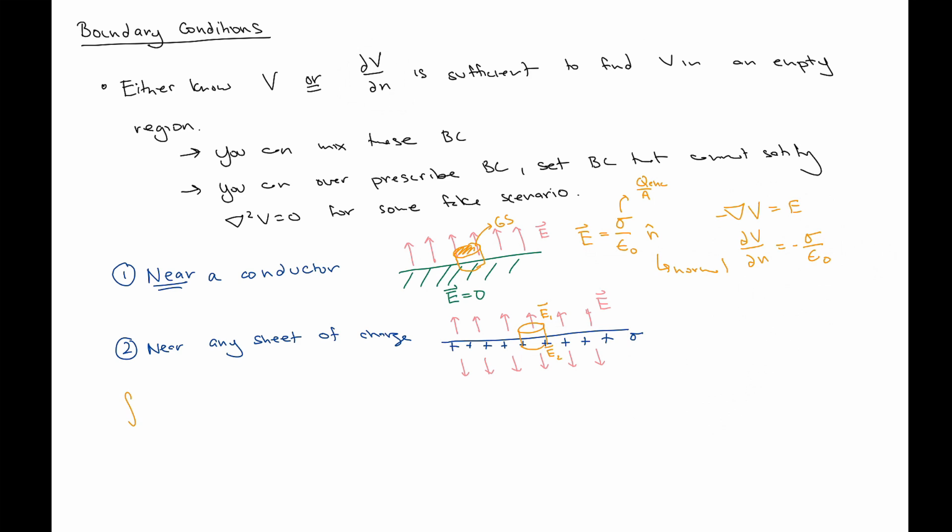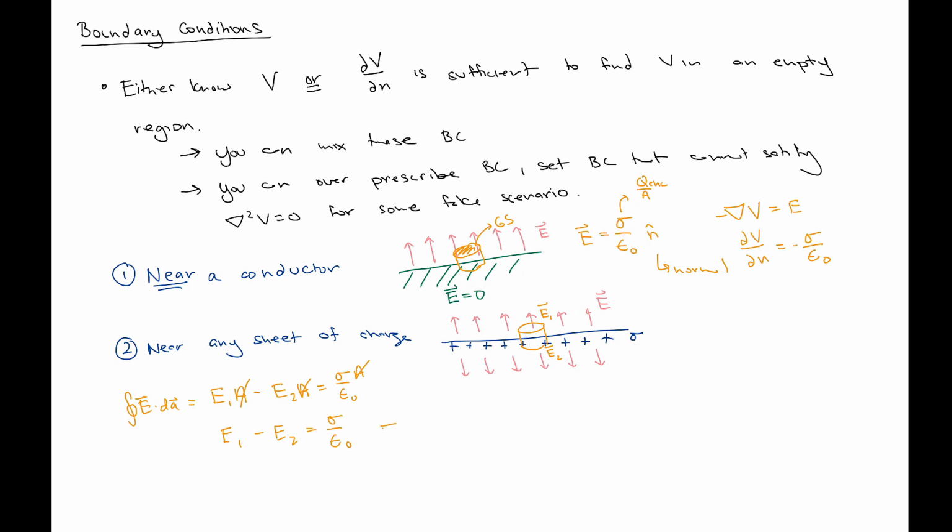Gauss's law, this super important guy, tells me that my electric field on the top, E1 A, minus, because now the electric field is pointed in the negative direction, E2 A, has to be equal to sigma over epsilon naught times A. Of course, I can cancel out the A's here, and this tells me that my electric field above minus my electric field below, again, we've already found this result, is equal to sigma over epsilon naught.